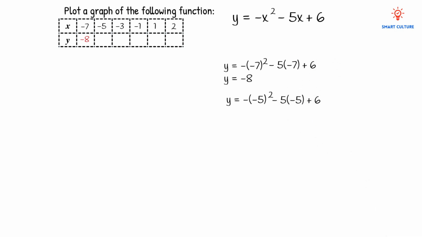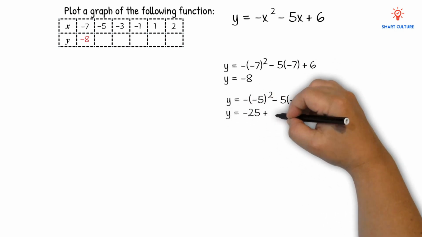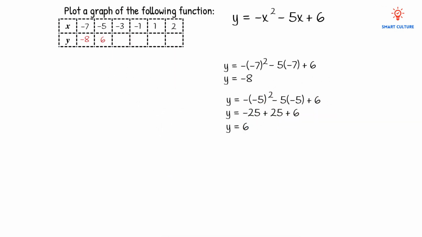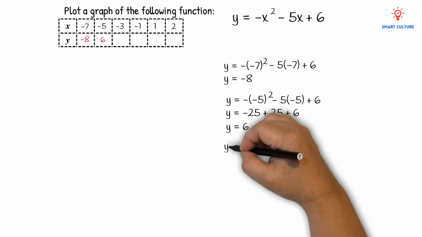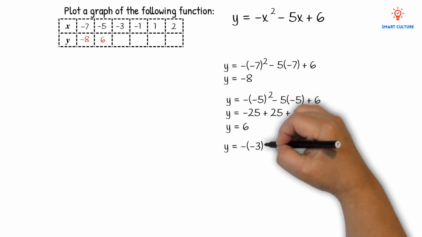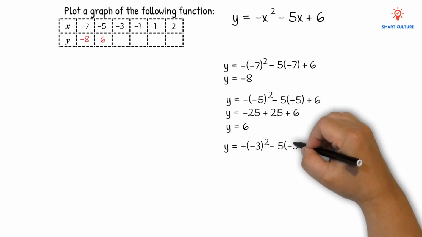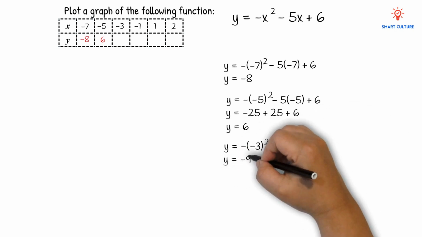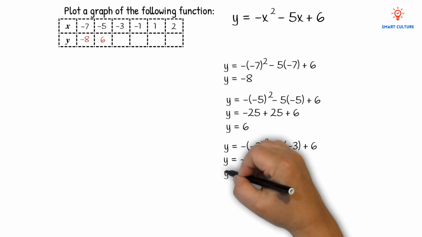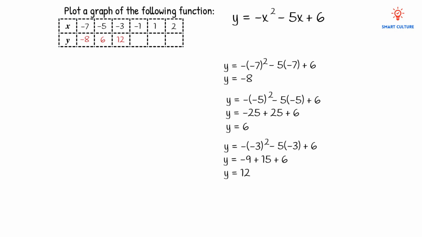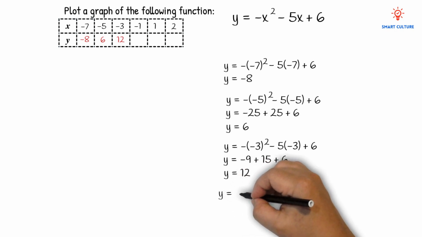If we substitute this value of negative 5 into the equation, you'll see that y is equal to 6. The next x value is equal to negative 3. So let's substitute this value of negative 3 into the equation. Negative 9 plus 15 plus 6 is equal to 12. So if x is equal to negative 3, then y will be equal to 12.